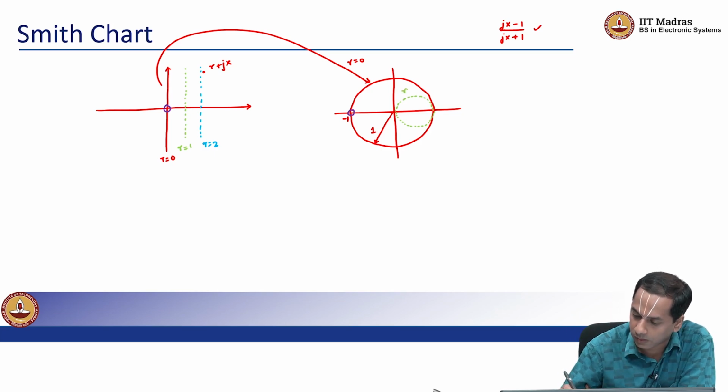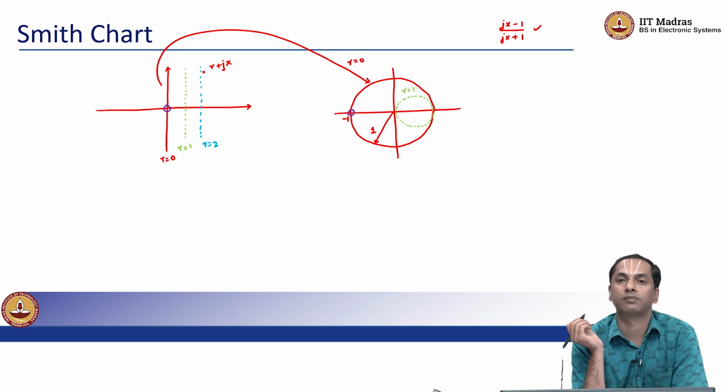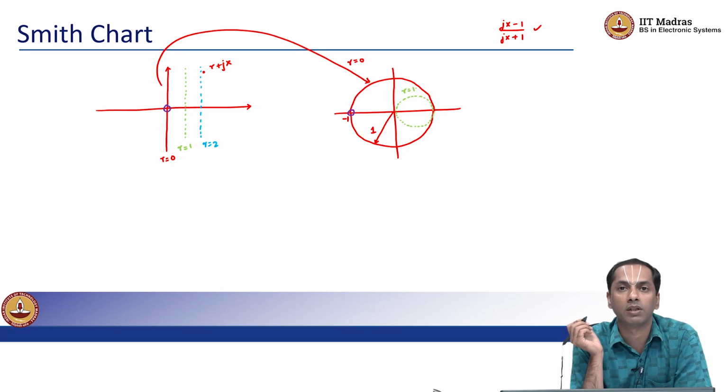So we have r equals 1, right? Remember that the resistance is constant along the dotted green line. So I am keeping the resistance constant and only changing the imaginary part, which is the value of the inductor or capacitor attached. Whatever I do with the value of inductance or capacitance, I will always lie along this green dotted circle in the gamma plane.